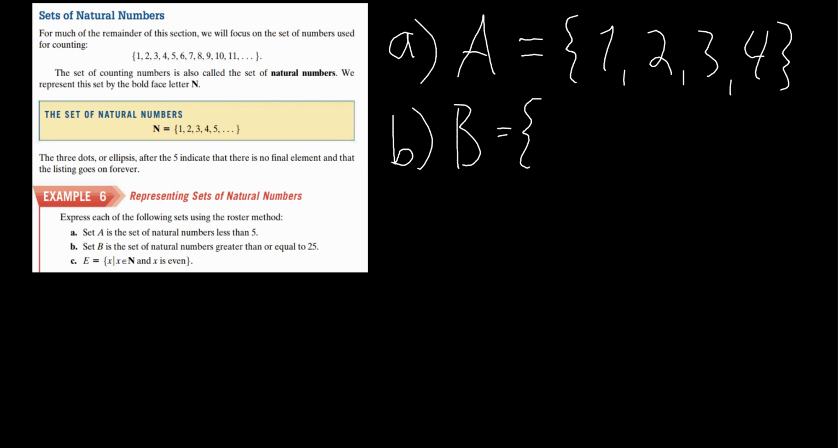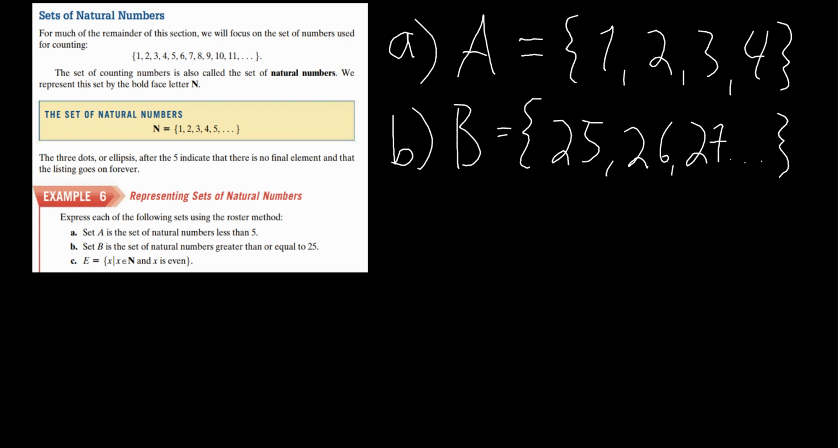So we're going to do 25, 26, and we'll do 27, and then dot, dot, dot, and we'll close that bracket there. Let's fix our 7 up a little bit, it looks a little janky. That's how we write all the natural numbers that are greater than or equal to 25.